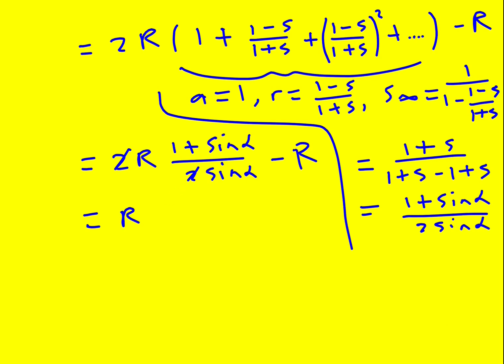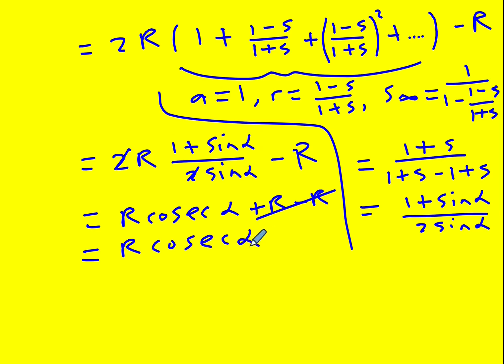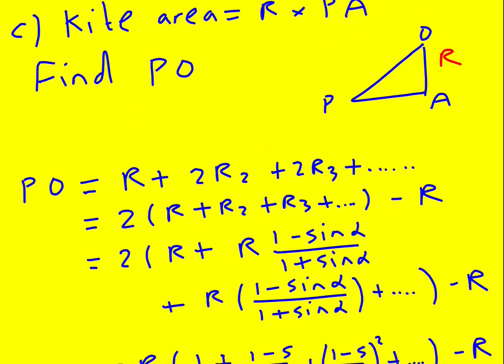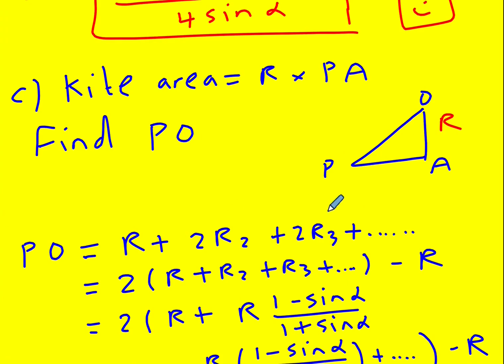I'm going to get R times 1 over sine alpha, which will be cosec alpha, plus R times sine alpha over sine alpha, which is just R, and then I'm minusing R. So this is our answer. Now remember, that was our answer for PO.